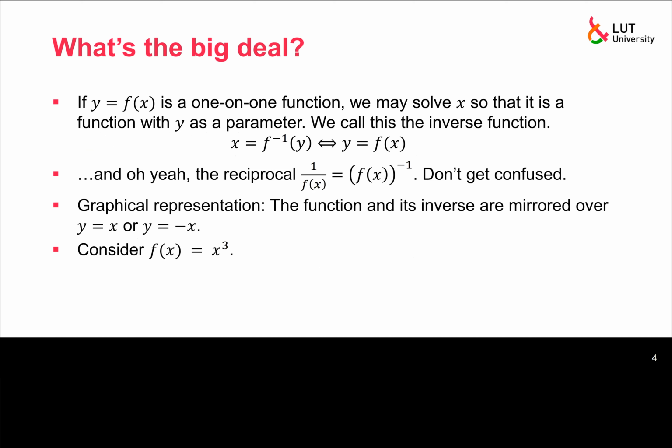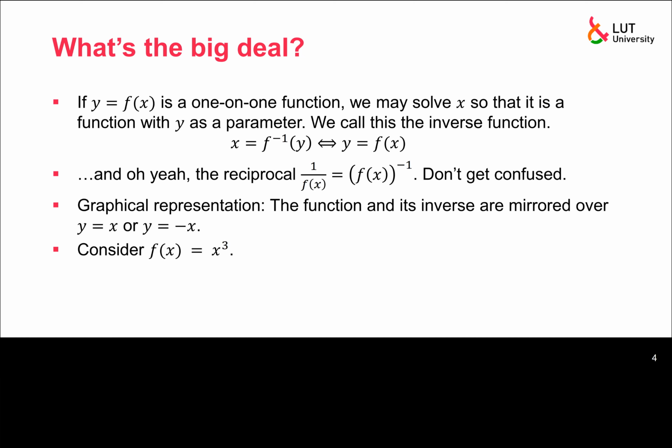Okay, so if we have such a one-to-one function, we can then solve that. And do note, we mark the inverse of a function with a superscript of -1. But if we have the reciprocal, which is a function to the power of -1, that is the reciprocal of the function.